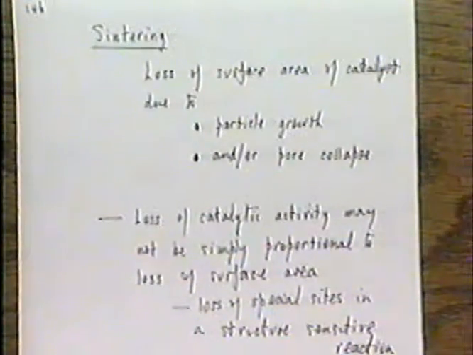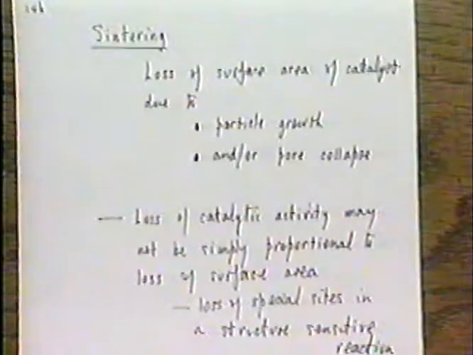If the metallic particles touch each other, then particle growth is a relatively facile process, and surface area reductions of a considerable magnitude are easy to achieve, which means a reduction in the total number of active sites and hence a reduction in the activity of the catalyst.